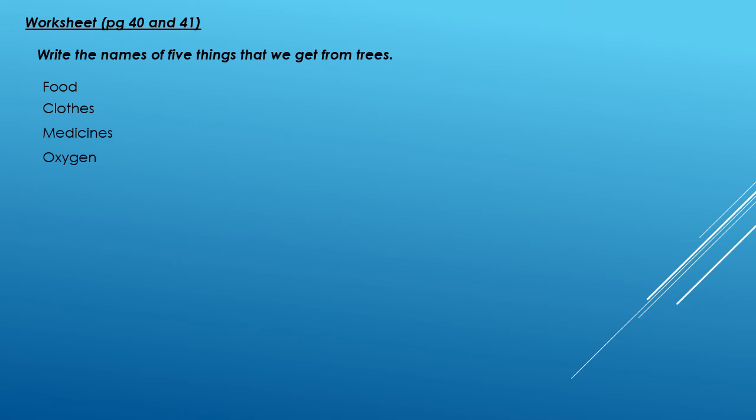O-X-Y-G-E-N, oxygen. Fifth is wood. W-O-O-D, wood. So, 5 things we get from trees are food, clothes, medicines, oxygen, wood.